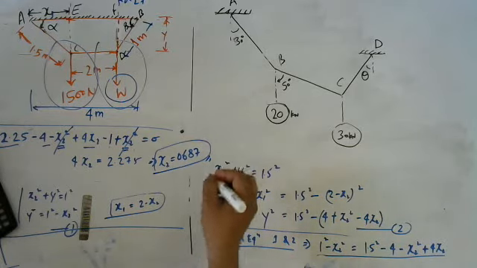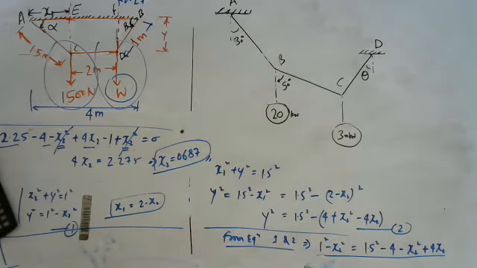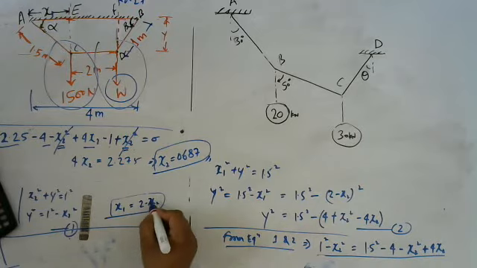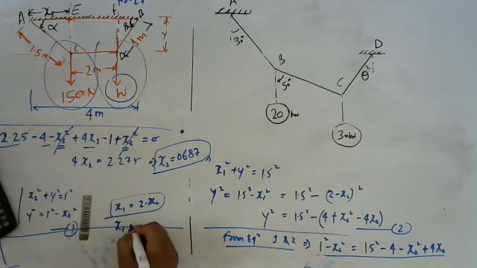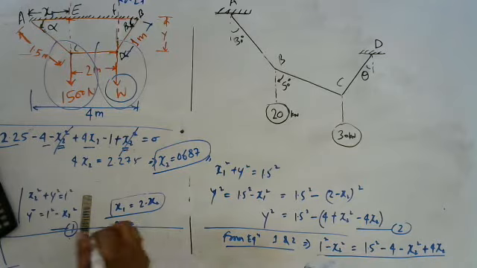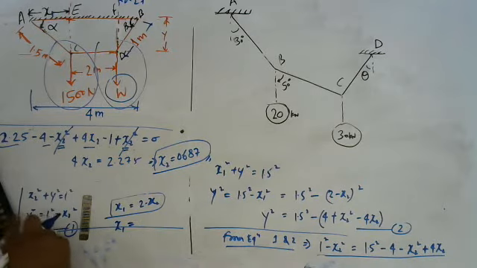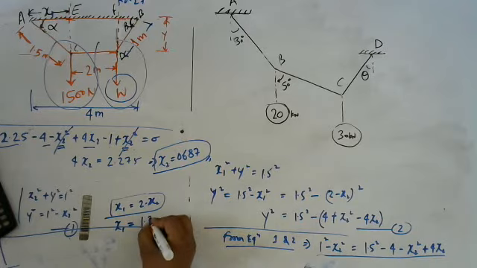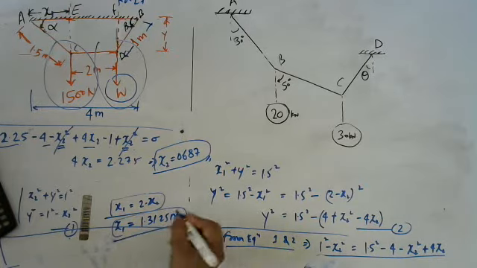So this is the value of x2, and now the value of x1 from this relation. So x1 is equal to, I write here, 1.3125 meter. So this is the value of x1.